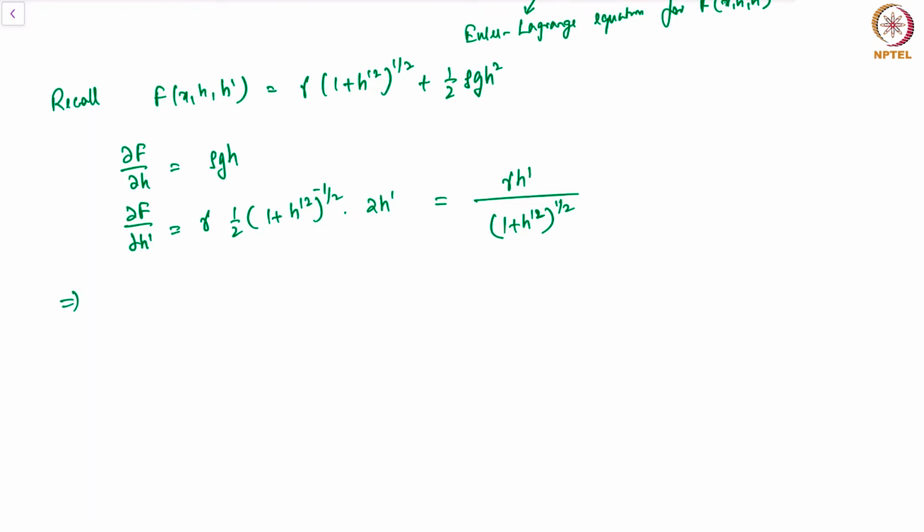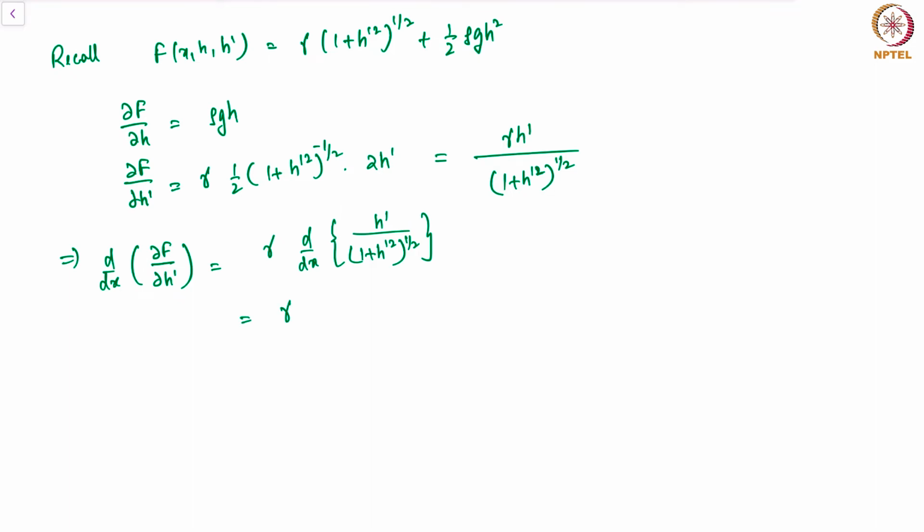So therefore d by dx of del f by del h prime simply gives me, I will leave it to you to do the calculation, gamma times d by dx of this quantity h prime by (1 plus h prime square) whole power half, and this after some algebra will come out to be h double prime by (1 plus h prime square) whole power 3 by 2.